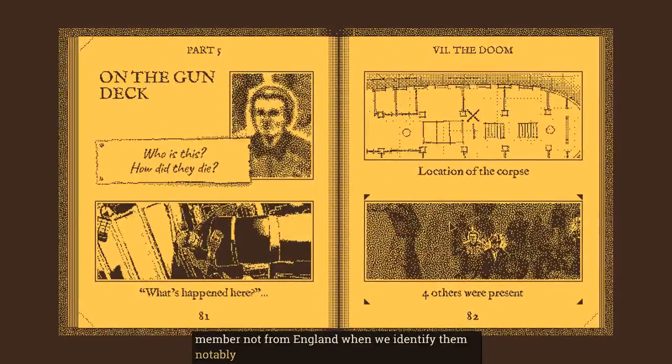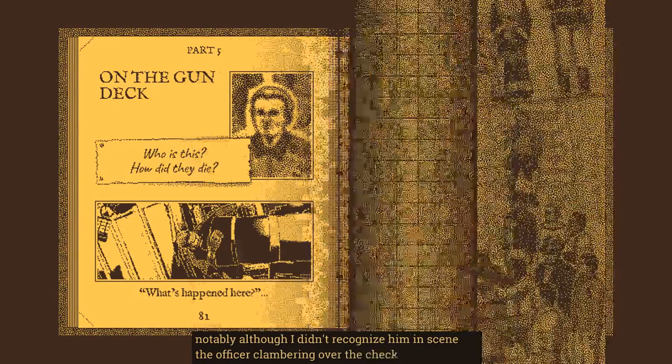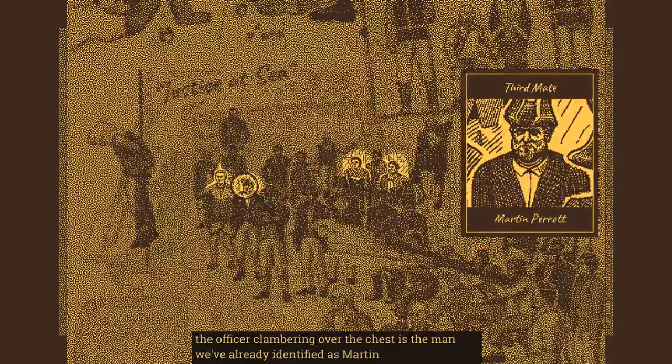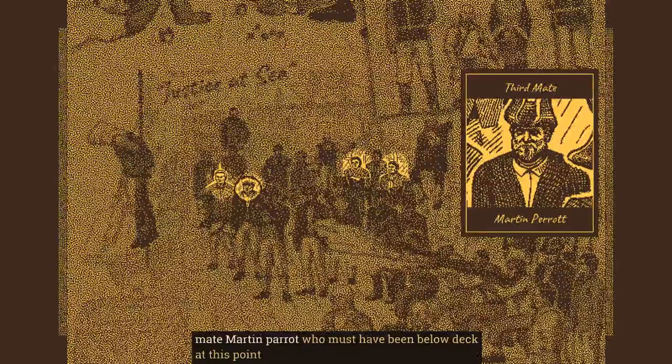Notably, although I didn't recognize him in the scene, the officer clambering over the chests is the man we've already identified as Martin. Martin is the third mate, Martin Parrott, who must have been below deck at this point.